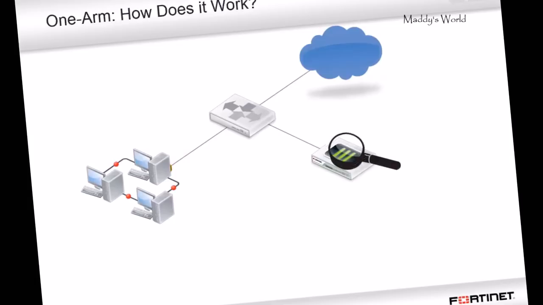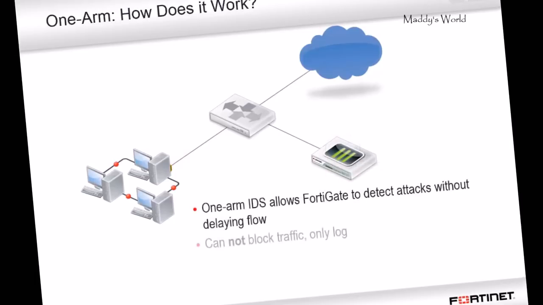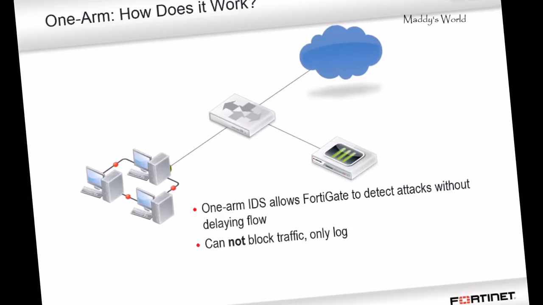Everything we have shown so far is inline scanning. Traffic passes through FortiGate from one interface to another. But you can also deploy FortiGate out of band in a one-arm or sniffer mode topology. To do this, connect FortiGate to a switch's span or mirroring port. Historically, when IPS scanning was first invented, it was slow and could introduce significant latency, so this method of deployment was very common.